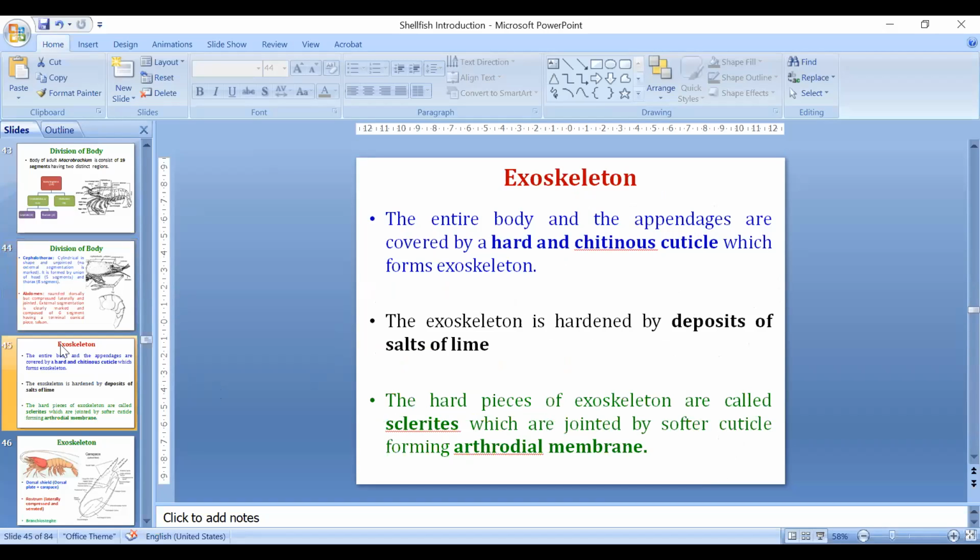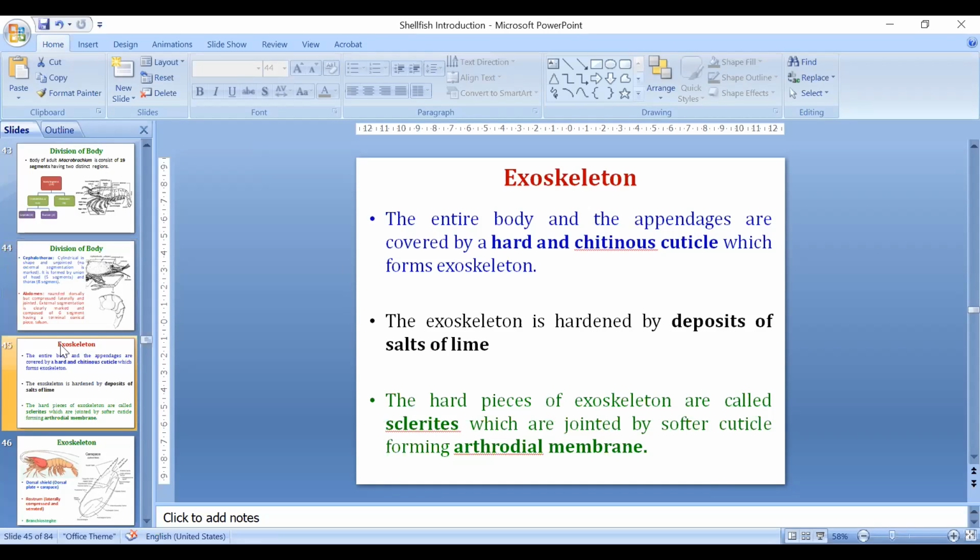As it is a crustacean, the entire body and the appendages of this prawn are covered by a hard, chitinous cuticle, which forms the exoskeleton.